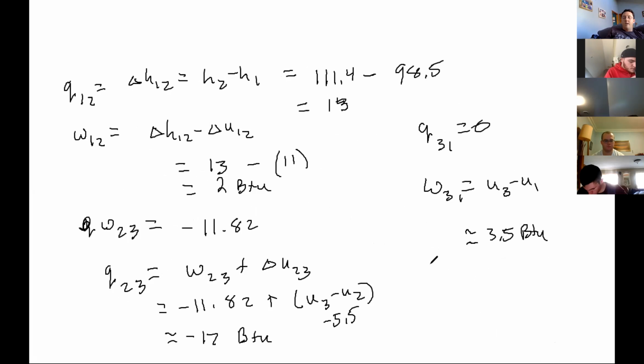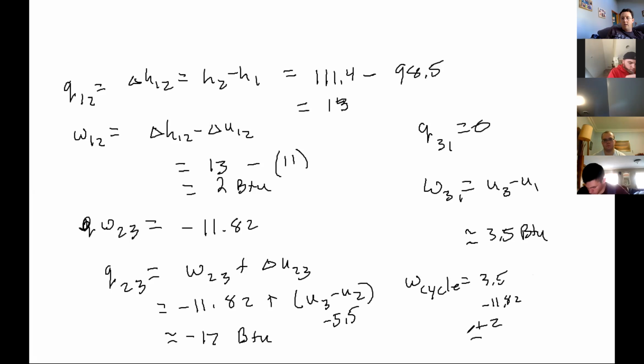Okay, so now I can add them all up. The work for the cycle would be 3.5 minus 11.82, which came from the problem, plus 2.